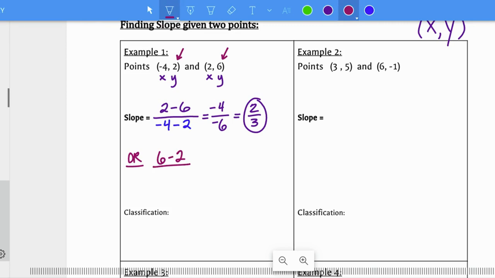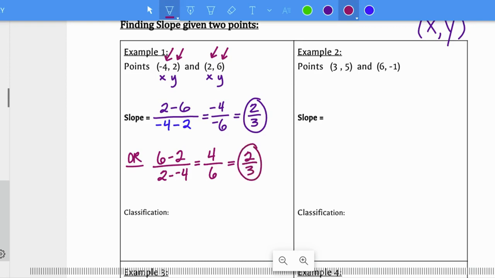And then I look at my x's, and I need to start at the same one. So I'm going to start here at 2 and subtract this x value of -4. Be careful, that's subtracting a negative there, which will actually turn into addition. But this will give me 4 over 6, which is also 2/3.